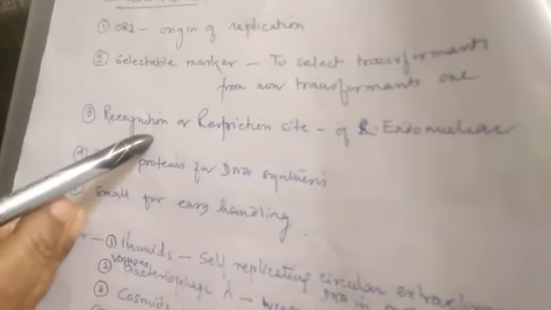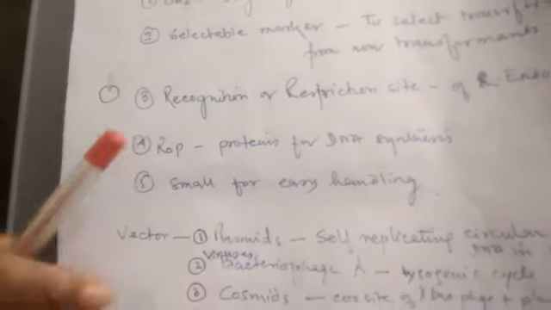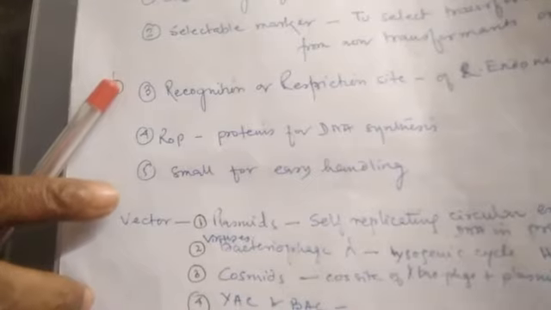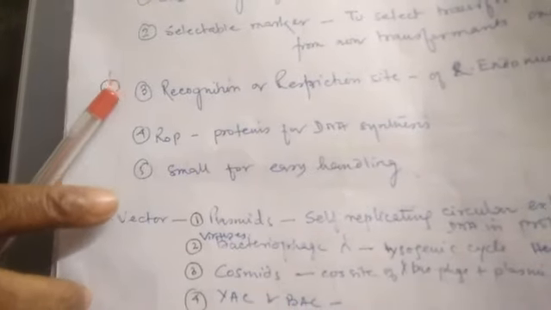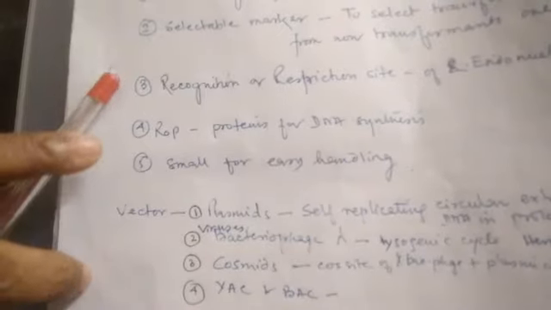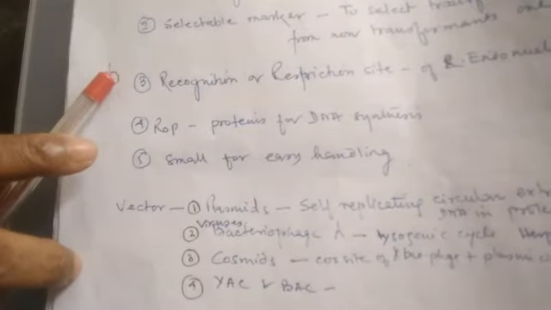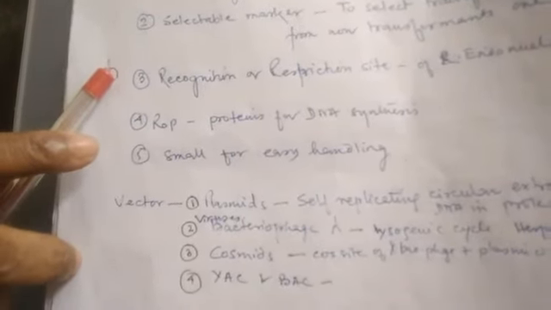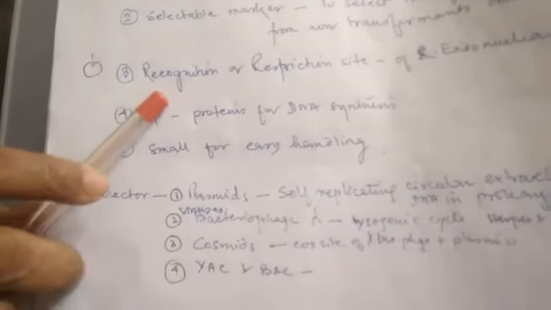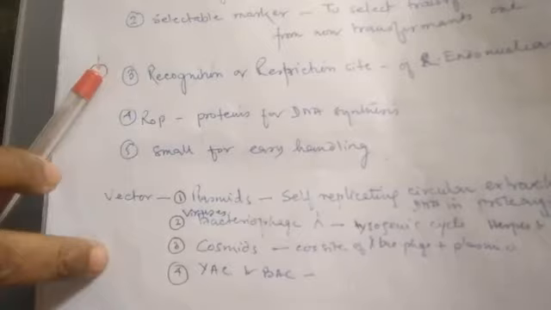Next is the recognition site or restriction site of the endonuclease. Now suppose this is a plasmid and we want to insert our gene of interest here. Now if it is an intact one, will we be able to insert? No. We have to cut it where from we can insert our gene of interest. So that is the recognition site of the restriction endonuclease, because restriction endonuclease is the enzyme which will cut it.